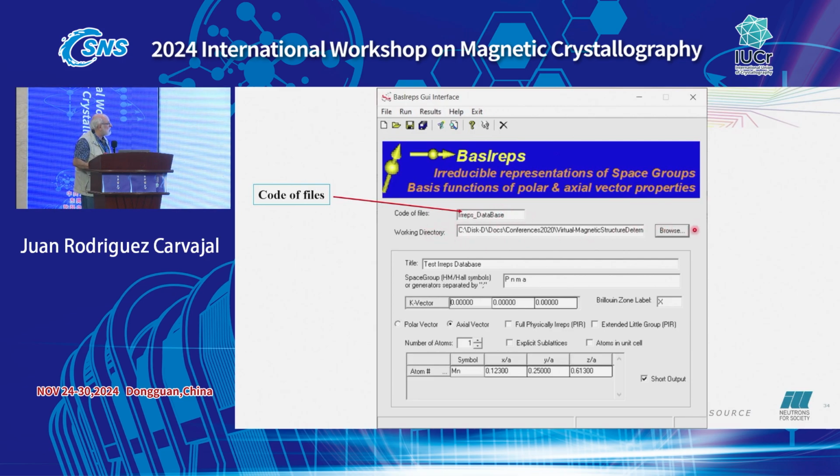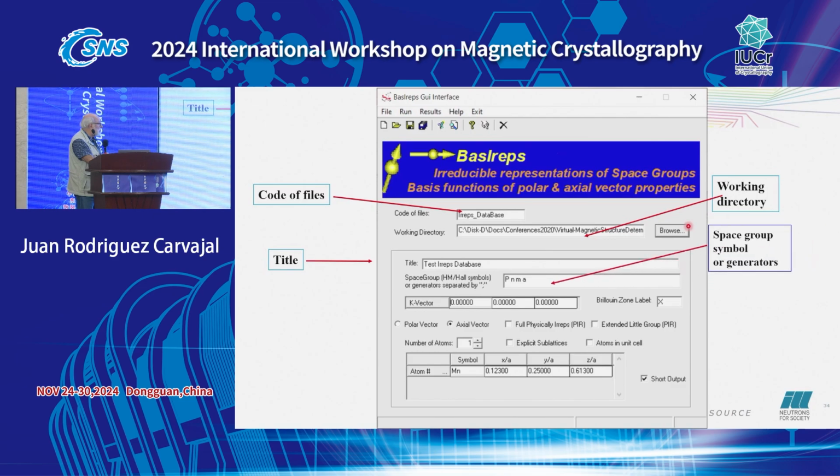You have to select a working directory in which the files will be output. You have to provide a title, which is not used at all by the program. You have to provide the space group symbol. Here we are talking only of crystallographic space groups.